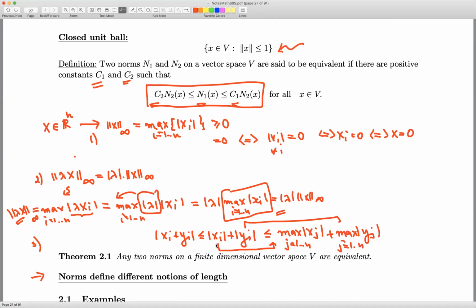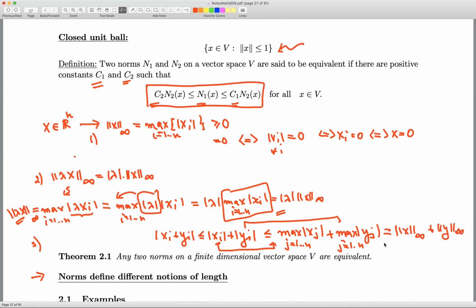Because this is one instance, and here is the maximum over all instances. And so this last one, by definition, is the infinity norm of x, and this is the infinity norm of y.